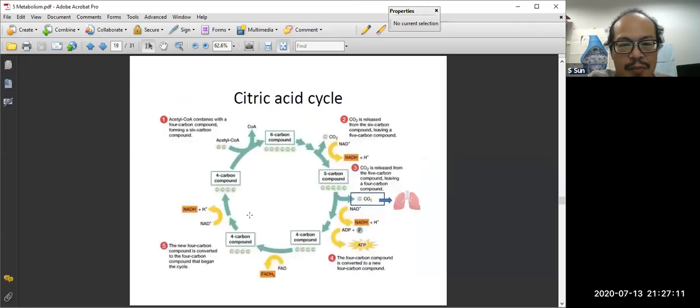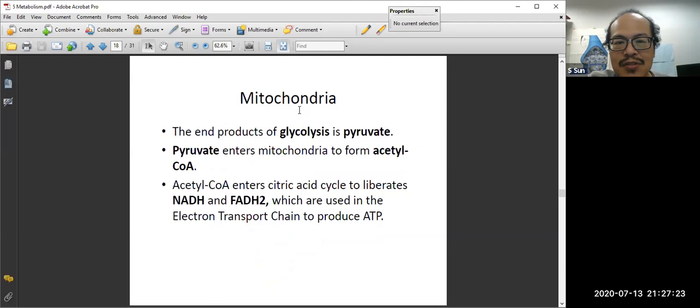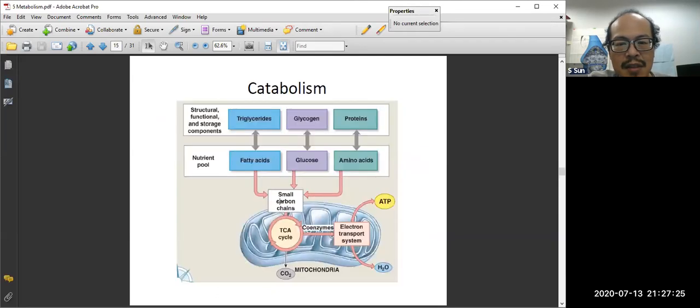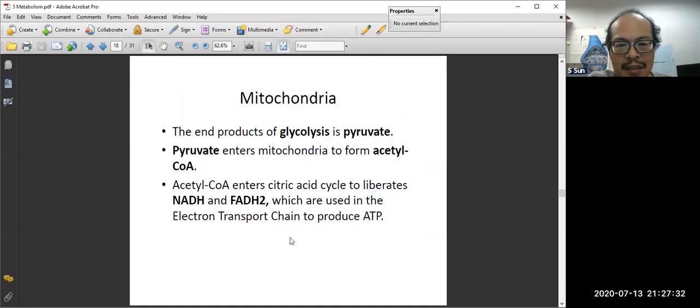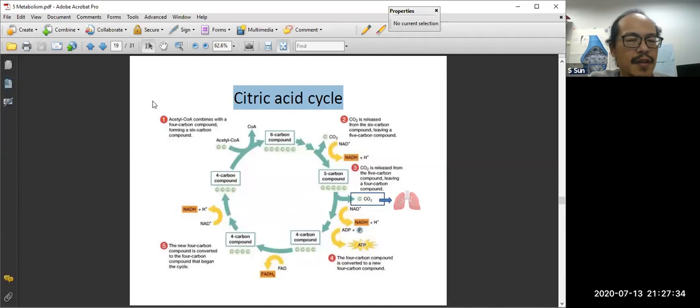The acetyl-CoA enters here. This is the citric acid cycle. The entering molecule into the citric acid cycle, the entering molecule into the TCA cycle, is acetyl-CoA. It's right here. So this is the citric acid cycle.